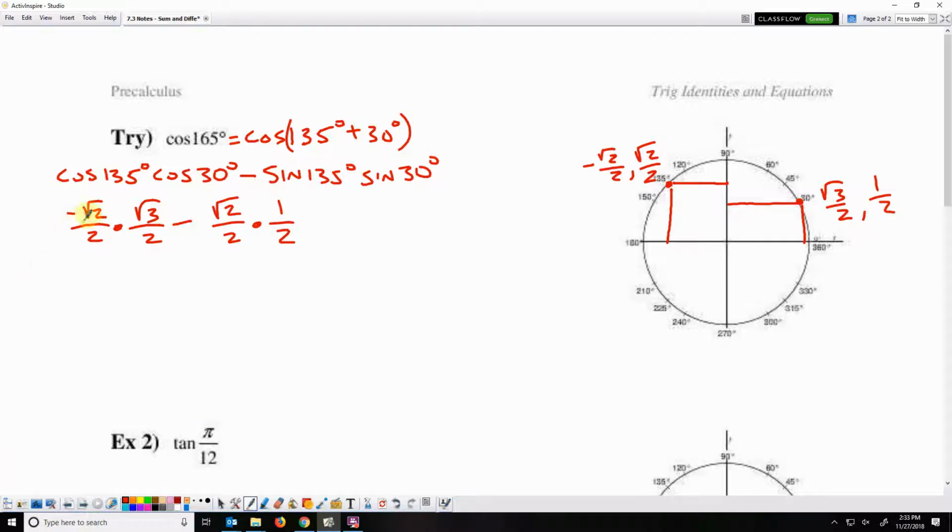So now I simplify. Negative root 2 times root 3 is negative root 6. 2 times 2 is 4. Minus root 2 times 1, 2 times 2.